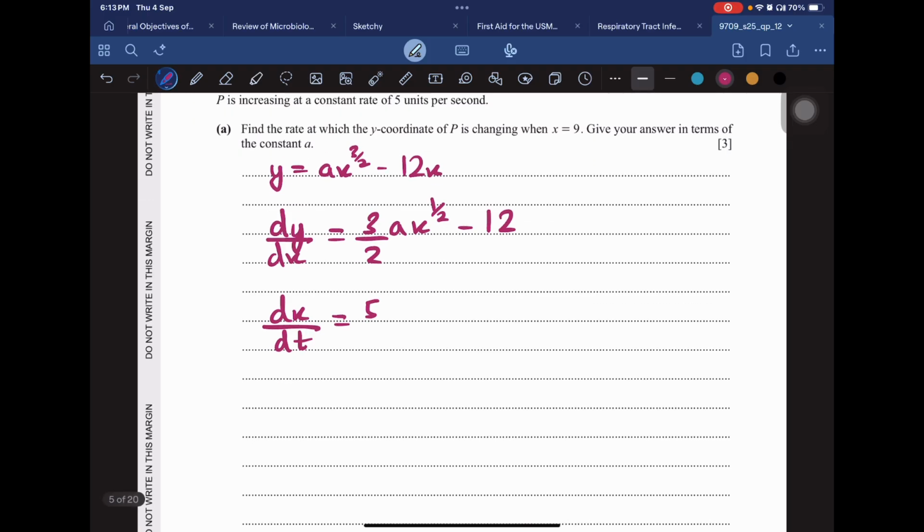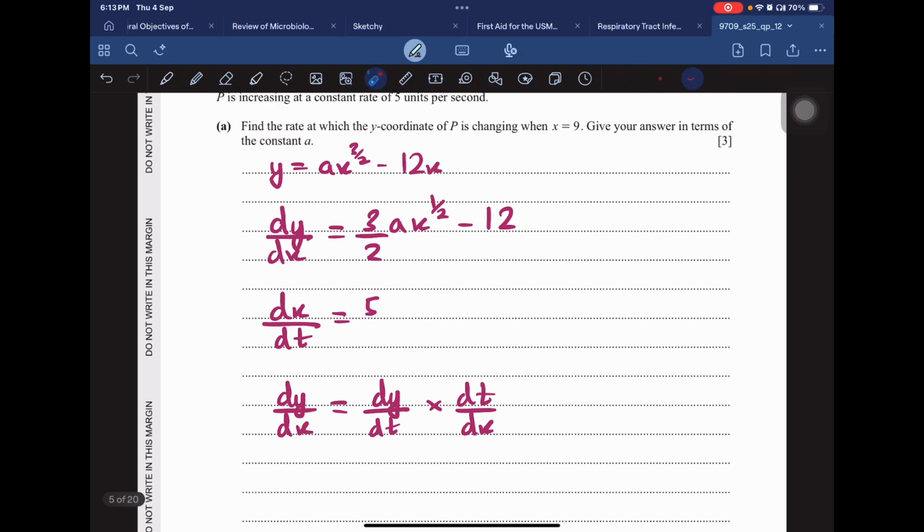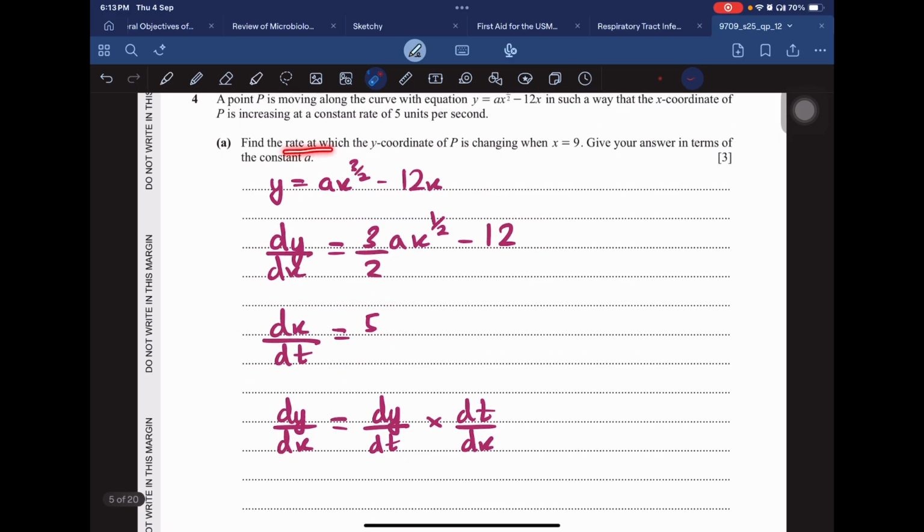Now we can form a chain rule. dy over dx is equal to dy over dt times dt over dx. Okay, just keep this chain rule in mind always. What we have is dy over dx and dx over dt. What we need to find the rate at which the y coordinate is changing. So we need to find dy over dt. So we'll make that the subject.